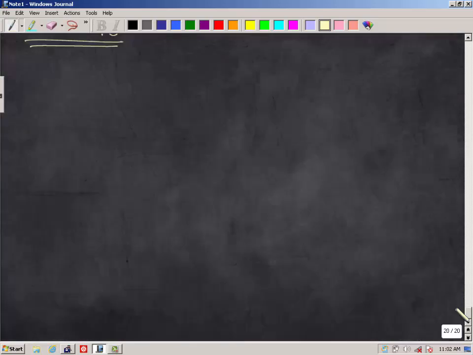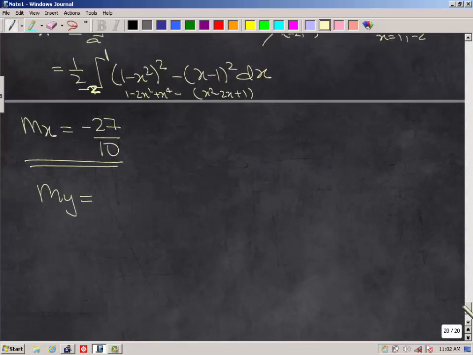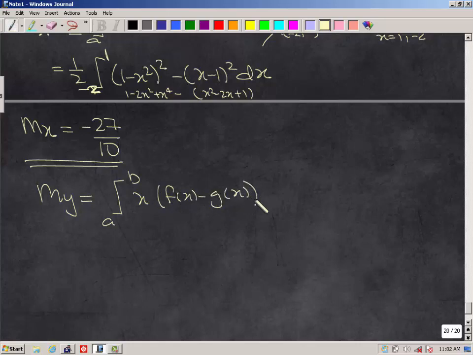Okay, next we want to find m sub y. Now this is something we haven't done yet, so let's do that. The formula for m sub y was this: the integral from a to b of x times (f of x minus g of x) dx. That was a formula we came up with for m sub y. Again, the limits are always the same. In this case, it's negative 2 to 1.